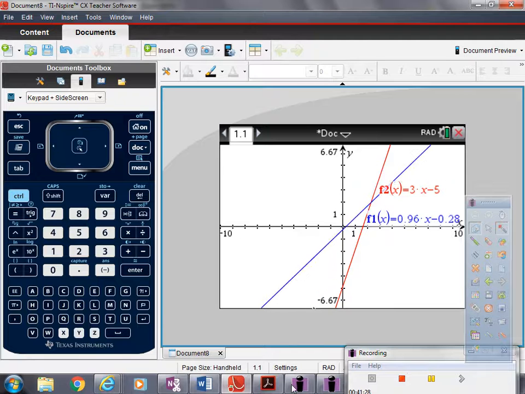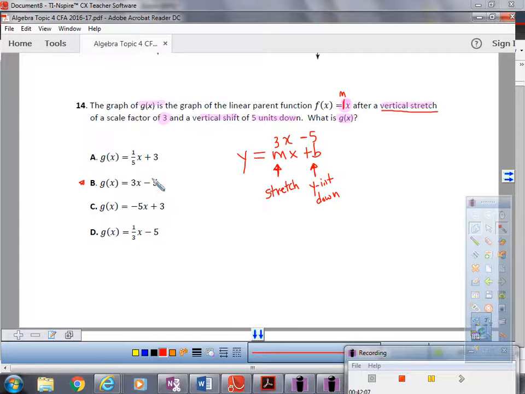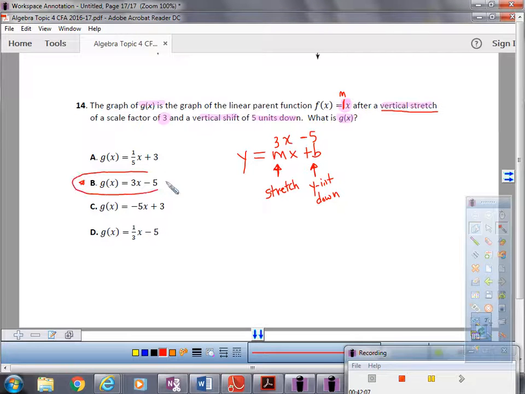So that is the correct answer. And again, if you didn't know how to change the numbers here based on just the words, then you could graph your parent and then graph each one until you saw that stretch and that vertical shift 5 units down. So the correct answer is B for number 14.